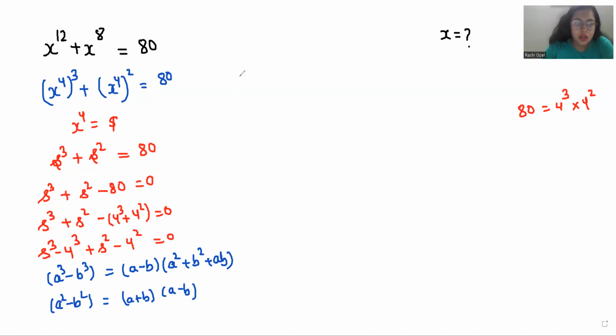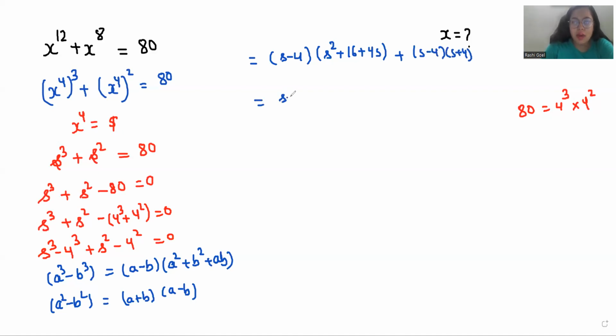Now in the first, where a is s and b is 4, we can write s minus 4 in bracket s square plus 4 square is 16 plus 4s, plus a plus b, a minus b. So s minus 4, s plus 4.